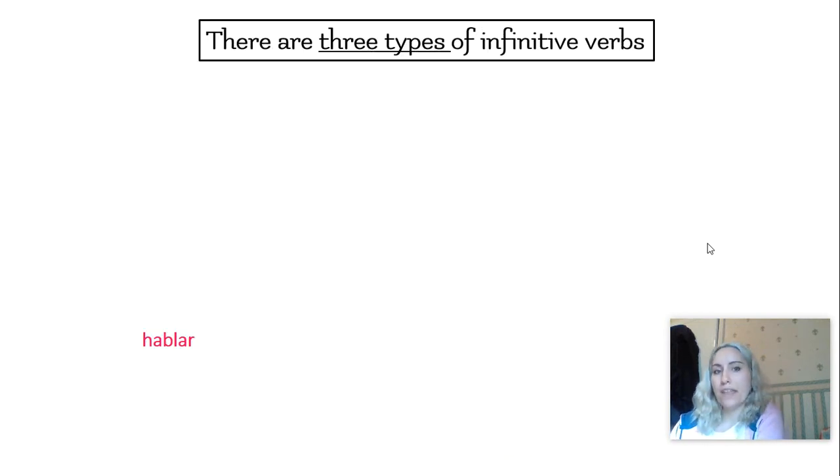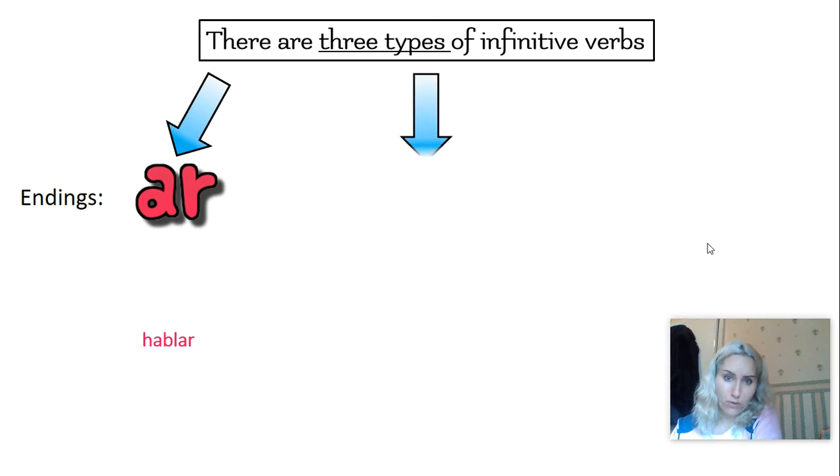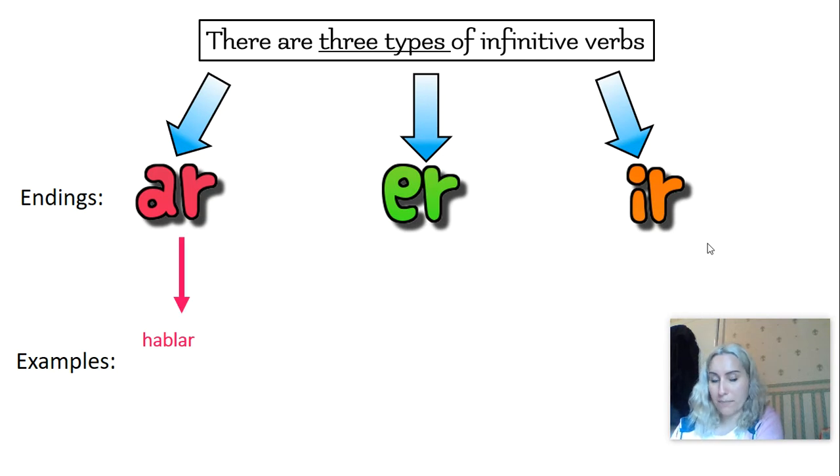Okay, so there are 3 types of infinitive verbs in Spanish. You have got ones that end in AR, ones that end in ER, and ones that end in IR. Let's have a look at some examples. AR verbs, you have got hablar, to talk, charlar, to chat, caminar, to walk.